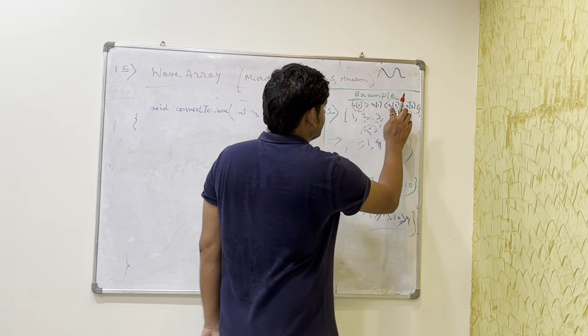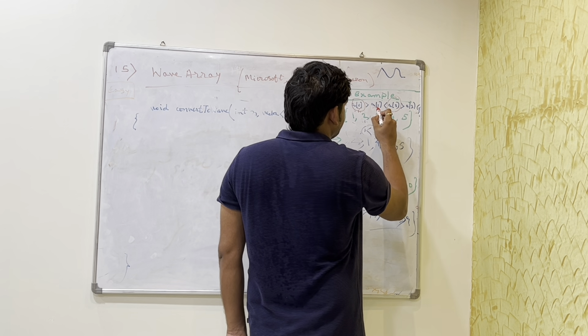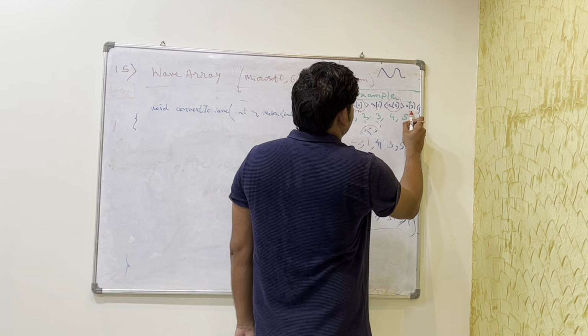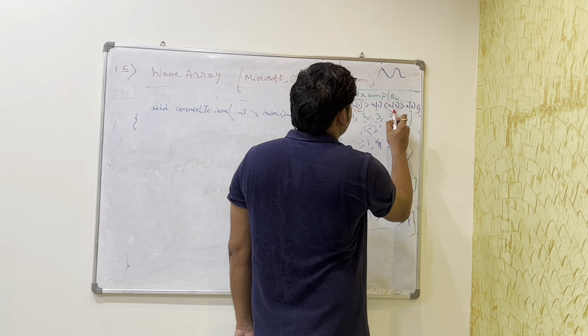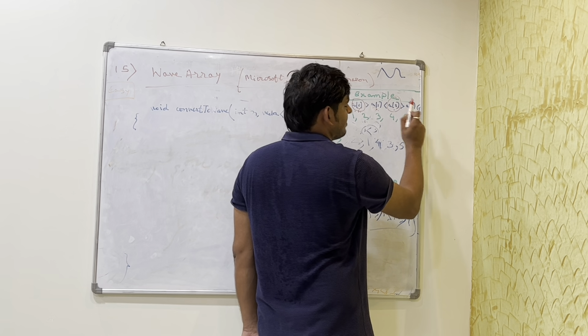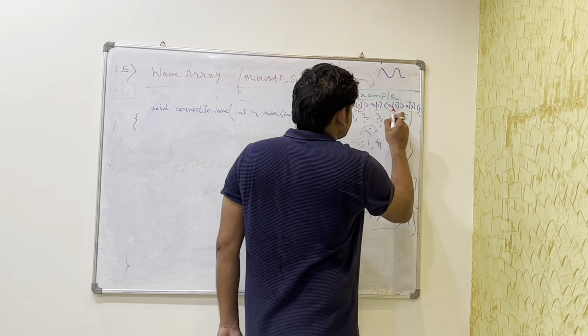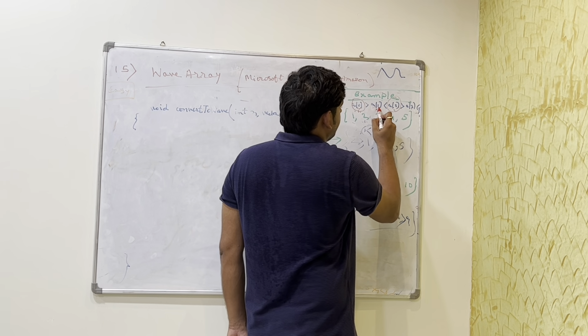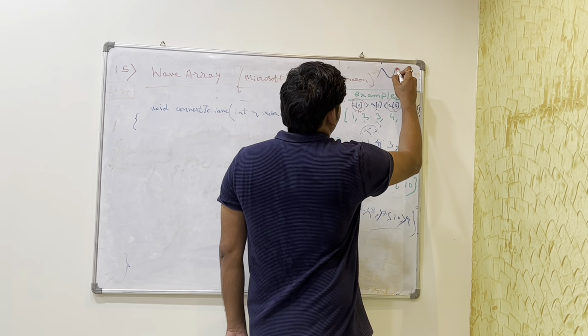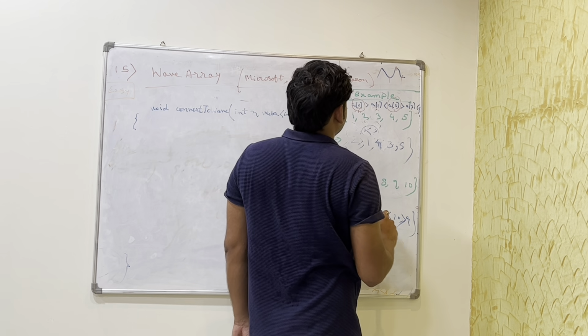For example, this A2 is always greater than the adjacent values. That means for this even indexed element, the adjacent would always be the odd elements, and A2 will be greater than A1, and A2 will also be greater than A3. Just like the wave, this will be greater than this and this.